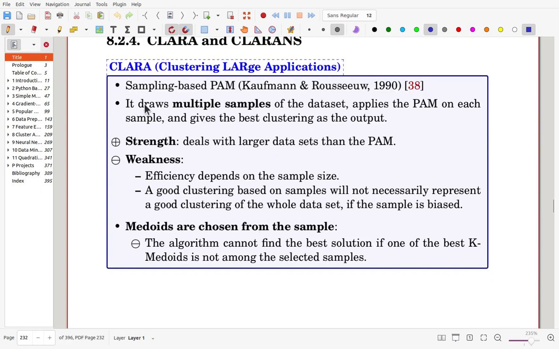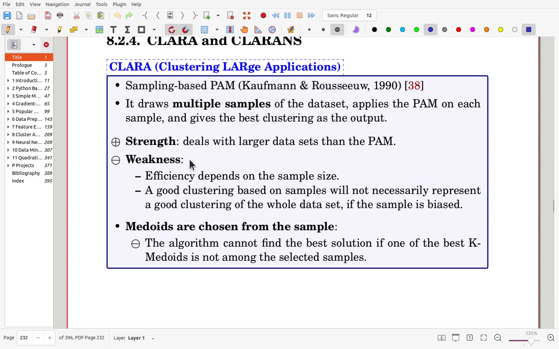For CLARA, it's sampling-based PAM. It draws multiple samples of the data set, applies PAM on each sample, and gives the best clustering as the output. So make multiple samples, and for each sample, PAM is applied. After forming the clusters, the best one will be returned.